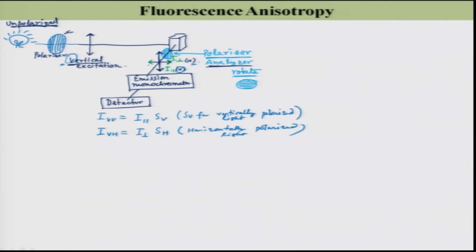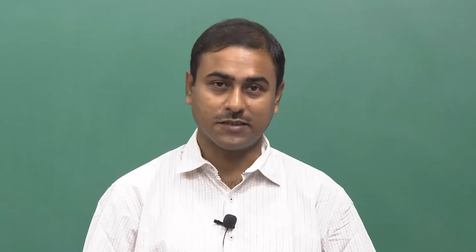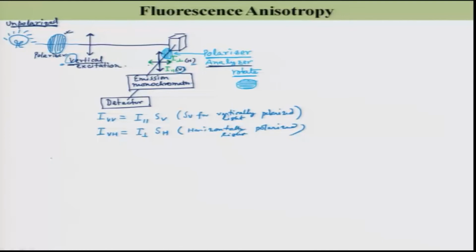So, I am done. Now when I write I parallel minus I perpendicular, I have to write it in terms of IVV and IVH, right. I have already defined this anisotropy R. So, now R will be written as I parallel minus I perpendicular by I parallel plus twice I perpendicular, is it not?